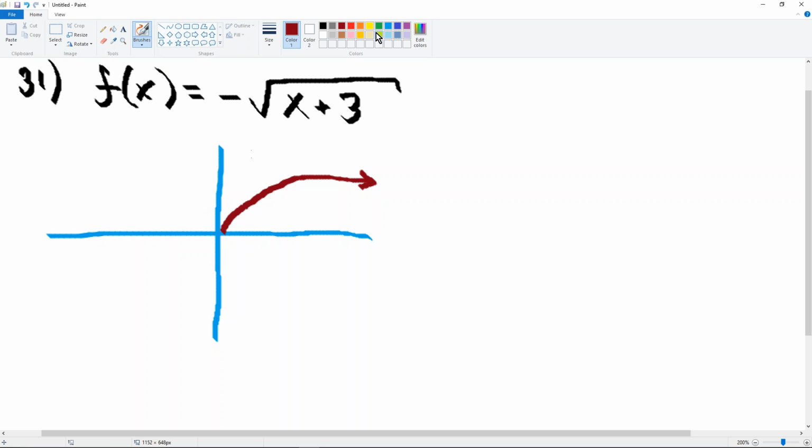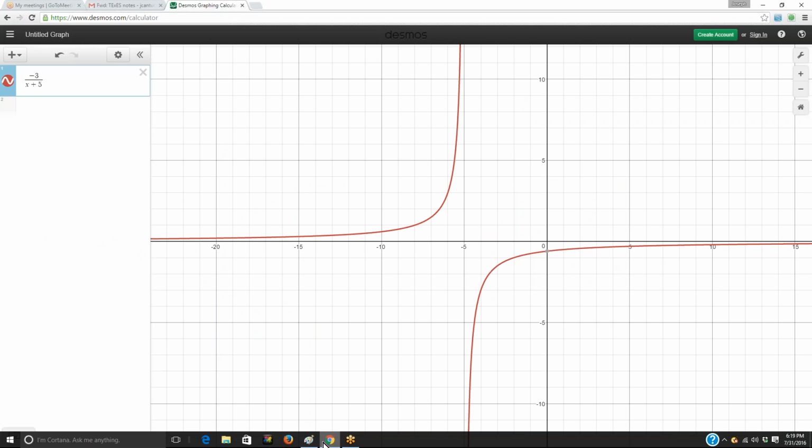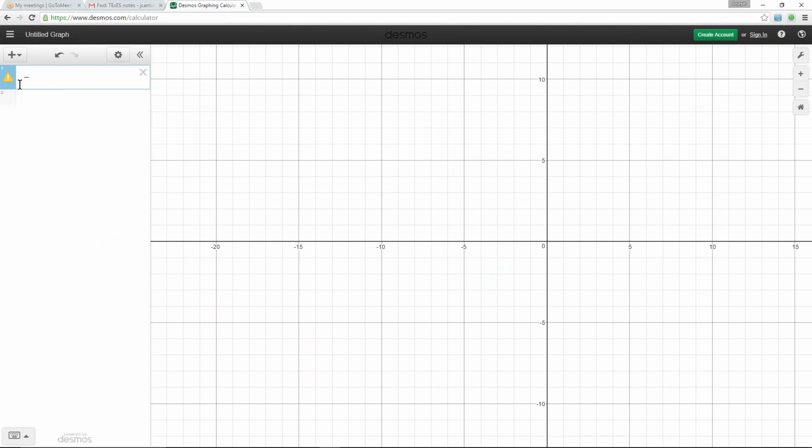So it's going to go to the left 3. It's going to look like this. And this negative in front means that it's going to be flipped. So it's going to be that picture. So our actual picture that we're going to be looking at is this one. And if you didn't know, again, go to Desmos or your graphing calculator, type it in.